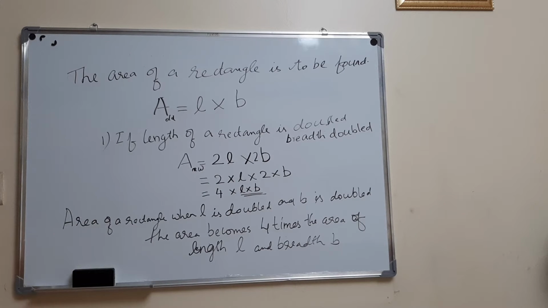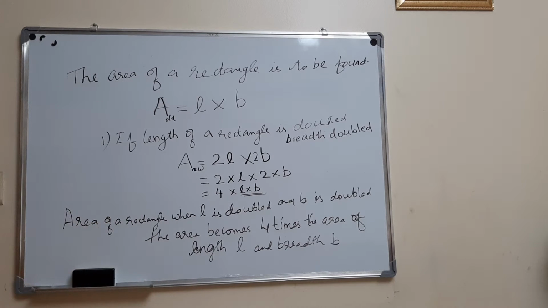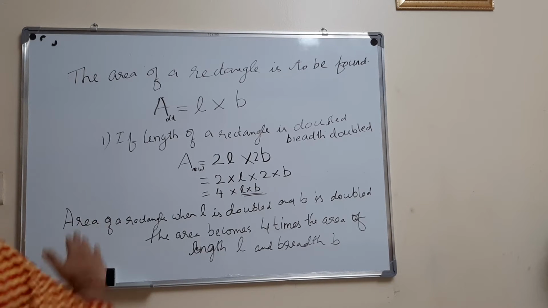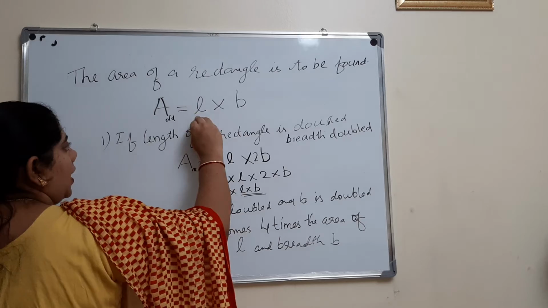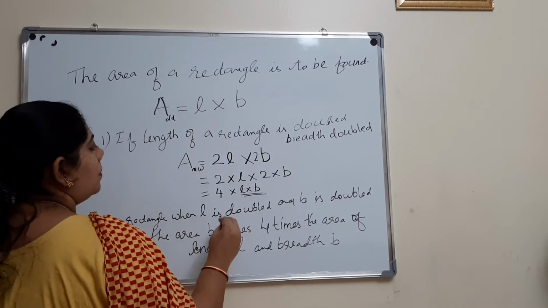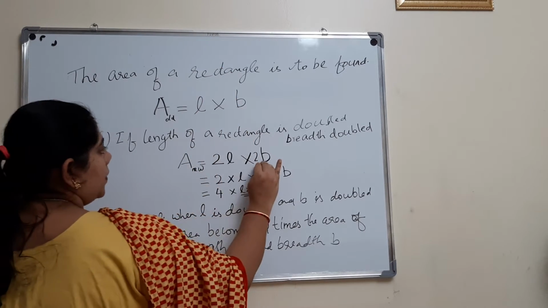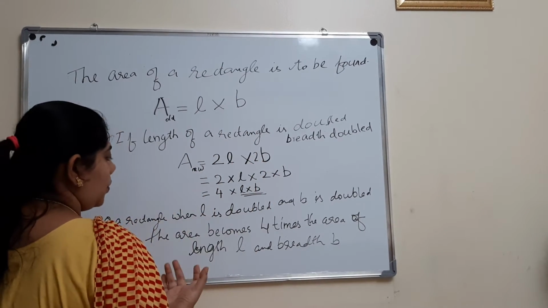The algebraic equation, they will ask you the questions like that. If the length is changed and breadth is changed, what will happen to the area? So that type of question you want to do like this. So first you want to take as the length L and breadth B. Then when length is doubled means this L becomes 2L. Breadth is doubled means breadth becomes 2B, like that you want to take.